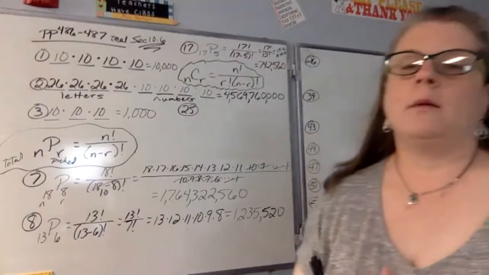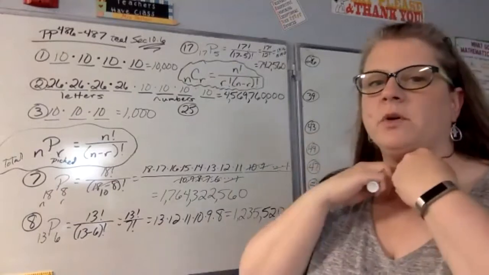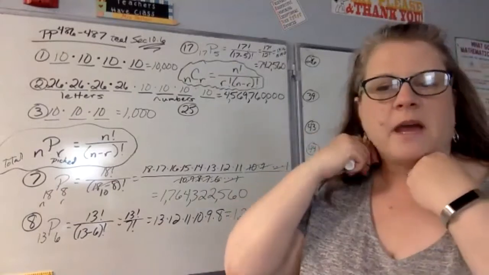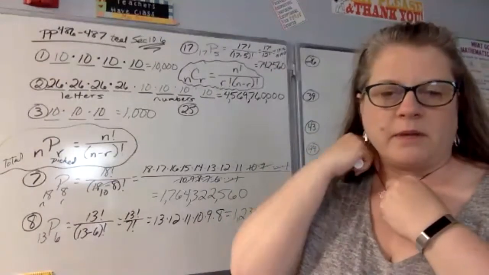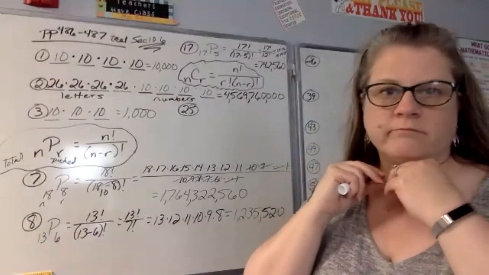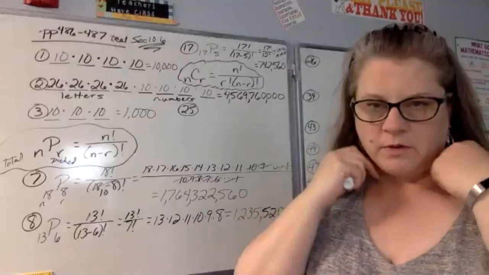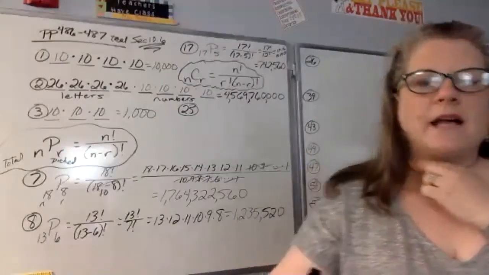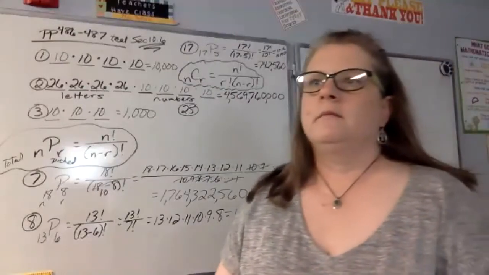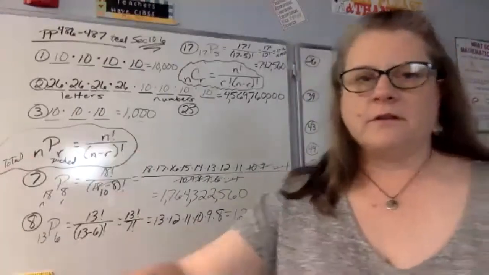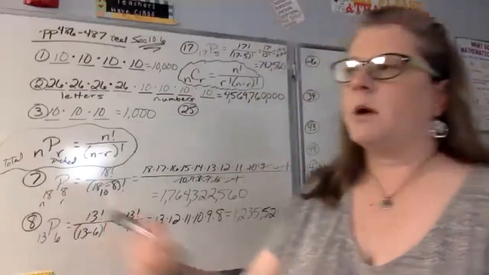Combinations are different. Combinations is like I'm just putting you all in groups. So it doesn't matter who I picked first for the group, who I picked second for the group. No, you're still in the group. Now, if I was lining you up, then it would matter who gets to go first, who goes second, who goes third. So that's a permutation.